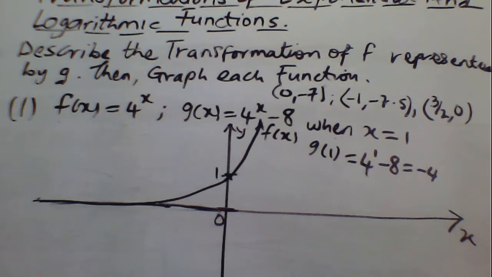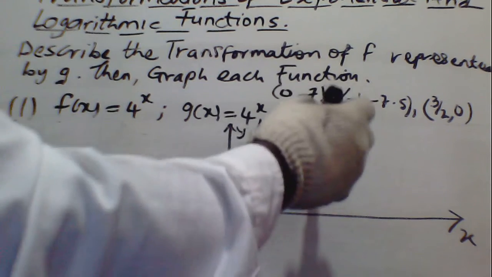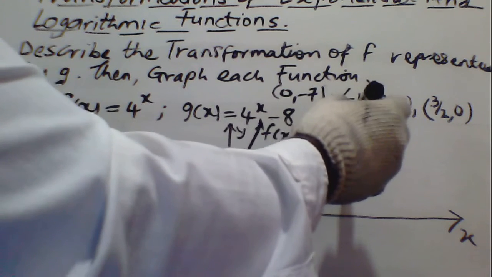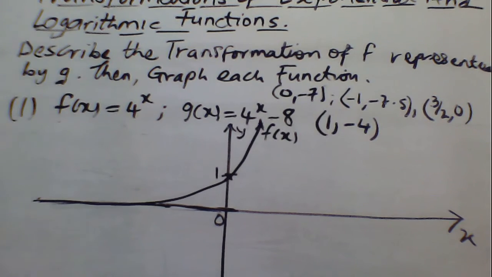Minus 4. Then we have already gotten all we needed to graph it. So the last point is, when x is 1, our g of x is equal to minus 4. So from this we can now graph this function.